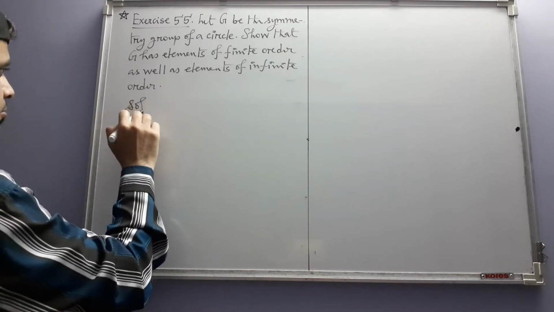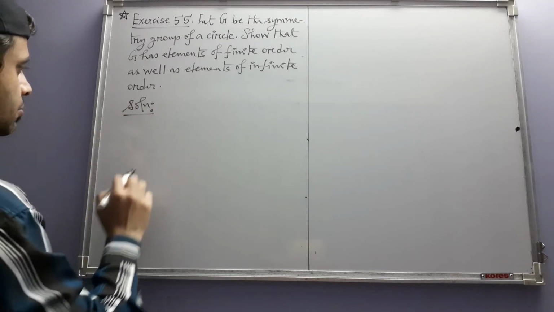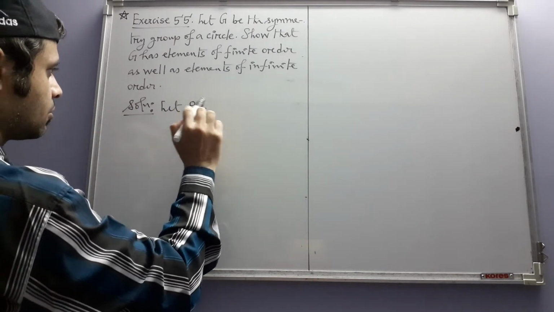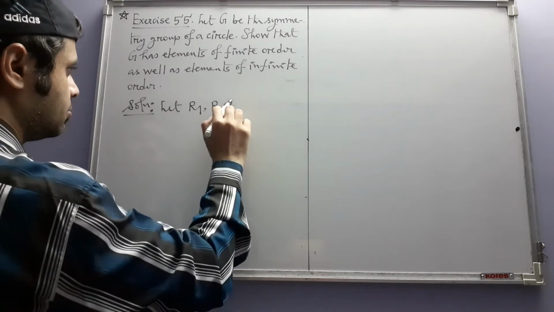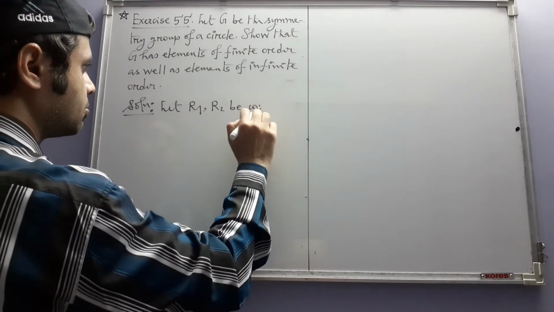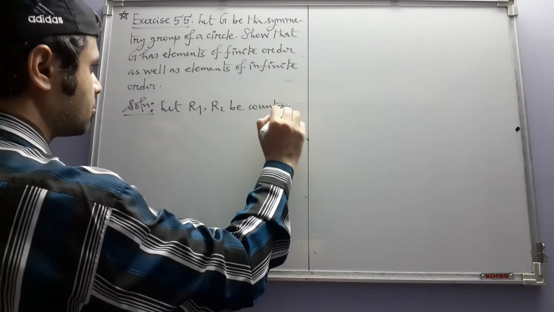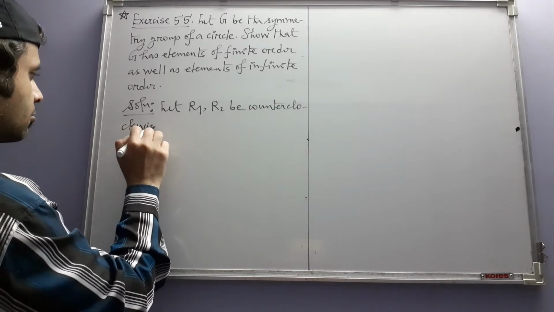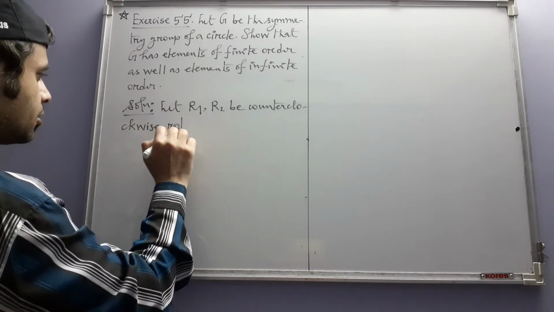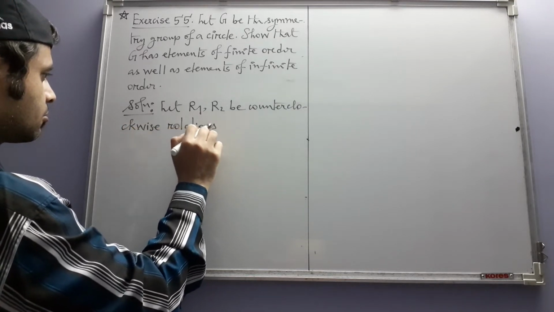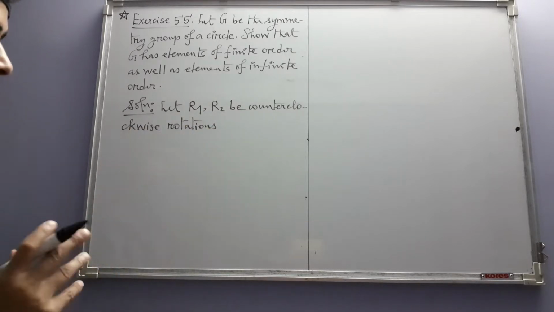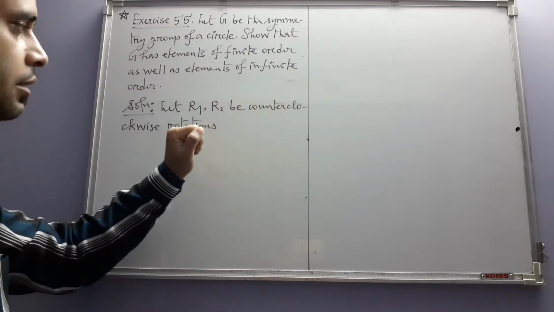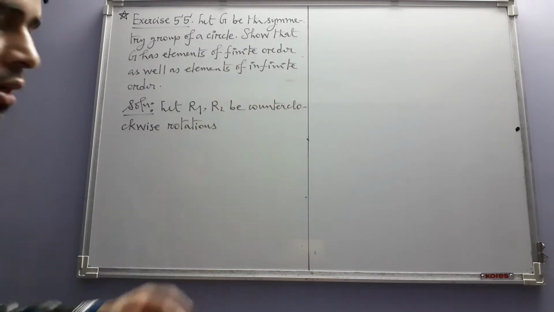Okay. Let R1, R2 be counterclockwise rotations. So we have to show that elements of both the types are there in G. So one example of each type is enough.